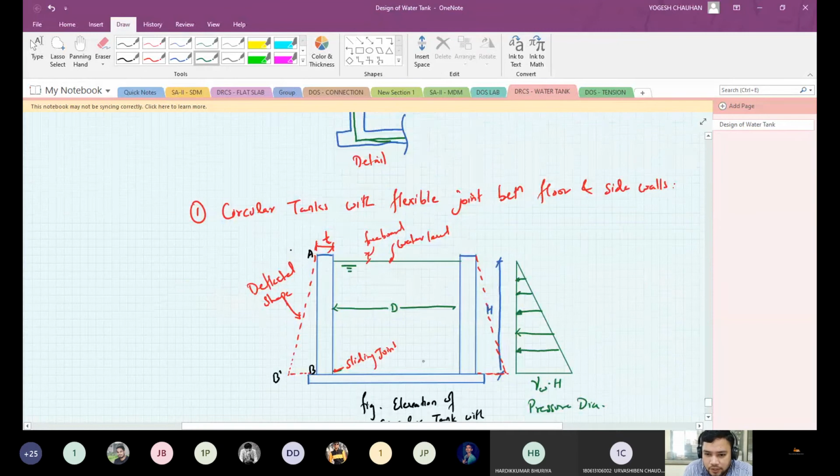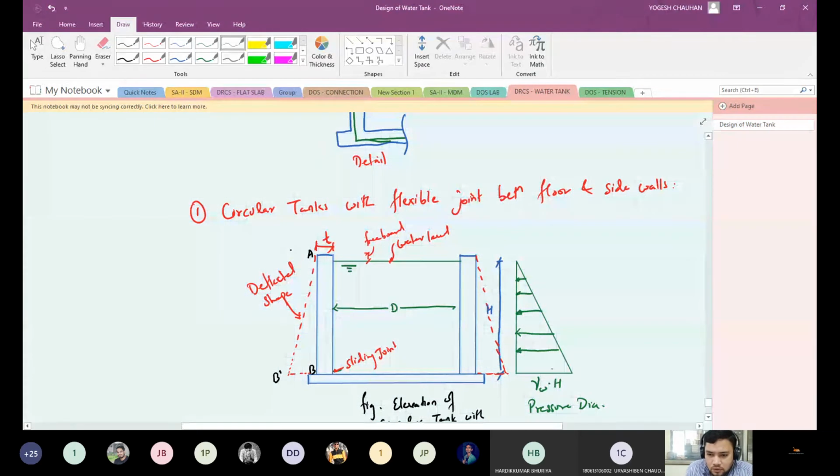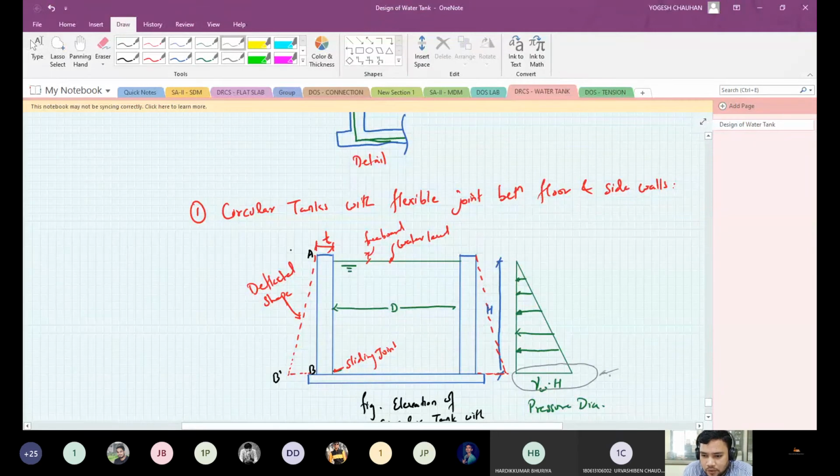So at this location, the hoop tension will be maximum. Okay, here. At this location, you have maximum hoop tension.